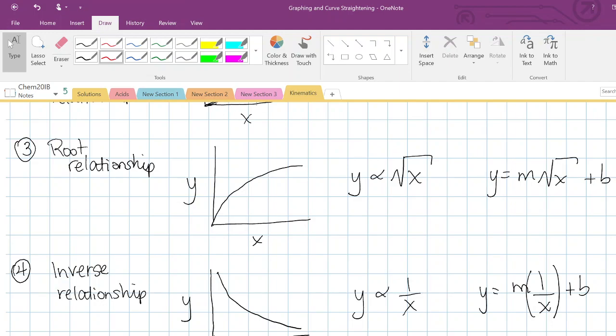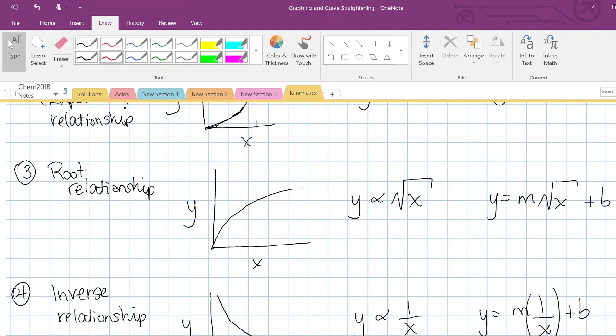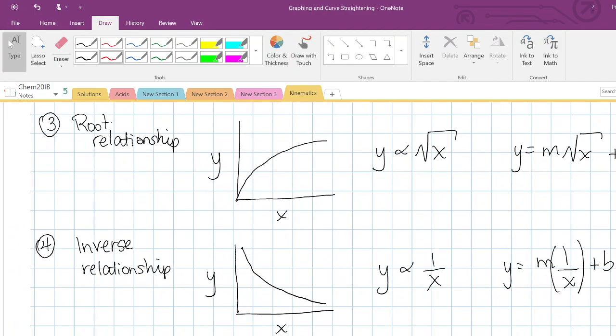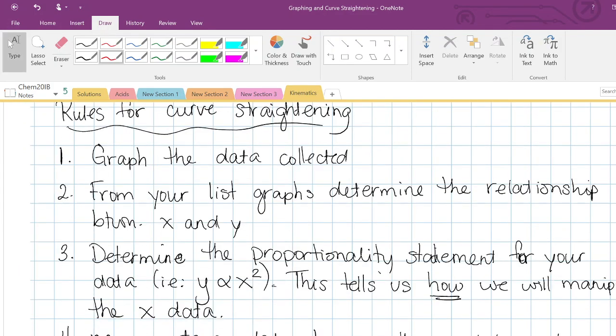And what you'll notice is that by manipulating that x-axis, you straighten your curved line, so that it ends up looking like a direct relationship. And now we can extrapolate. Now we can make predictions about what will happen in the future. So there's a few rules that you need to follow that I've written for you guys in the notes.